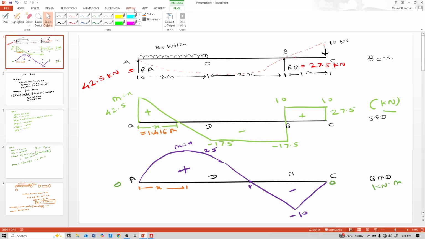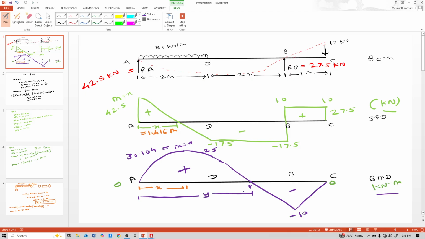So this maximum moment is 30.104 kilonewton meter.